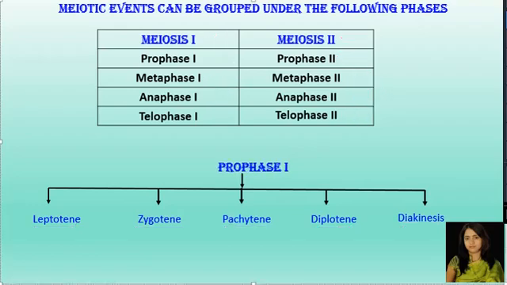Sorry for the inconvenience. So prophase 1, we have studied under 5 substages: leptotene, zygotene, pachytene, diplotene and diakinesis. So these are the 5 stages which occur during prophase 1.